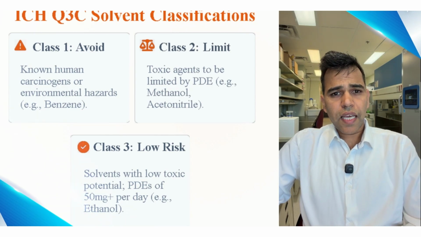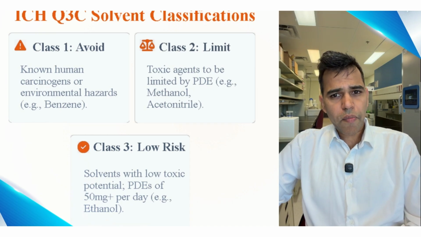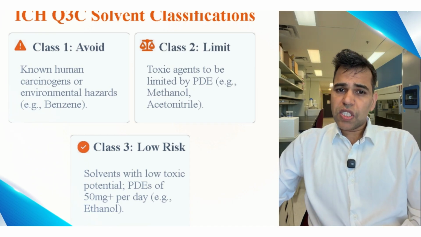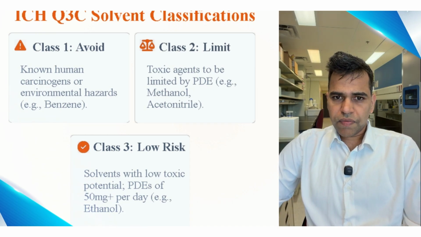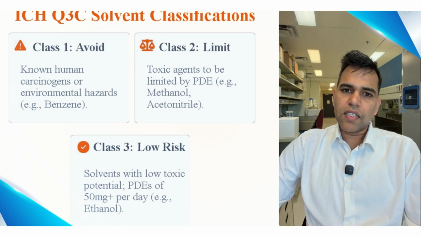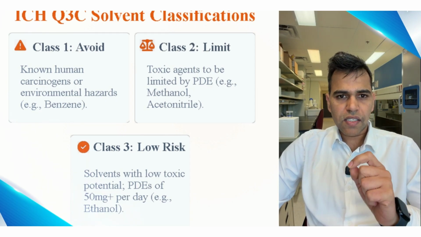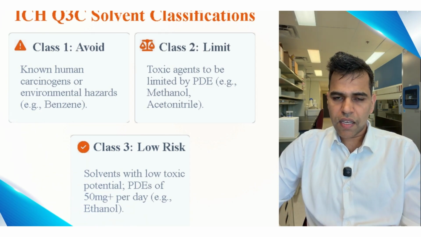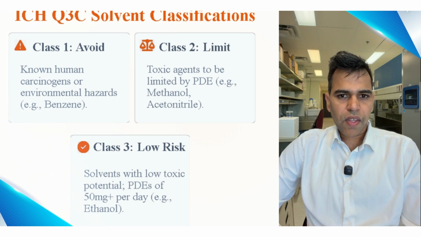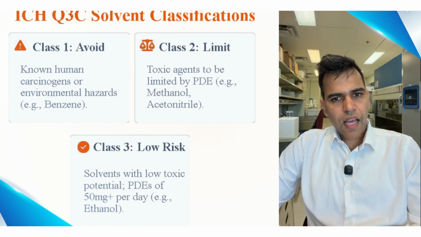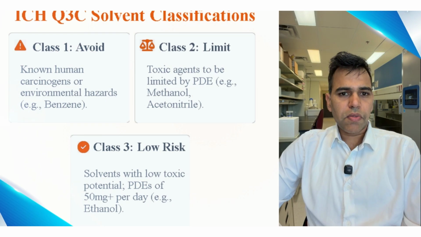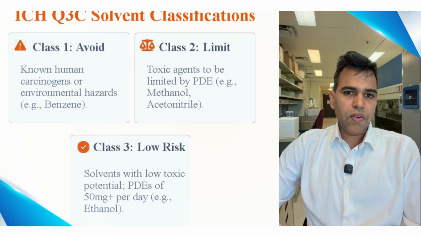Class 2 solvents like methanol and acetonitrile are commonly used but must be strictly controlled. And Class 3 solvents are considered low risk, but they still require proper testing and documentation. Understanding these classes early helps avoid major regulatory problems later.